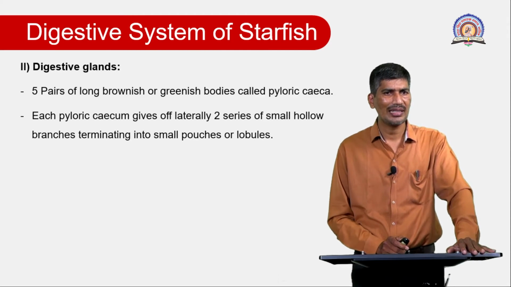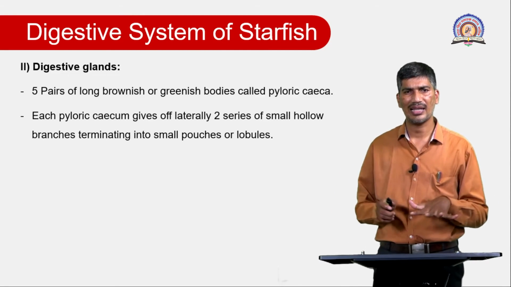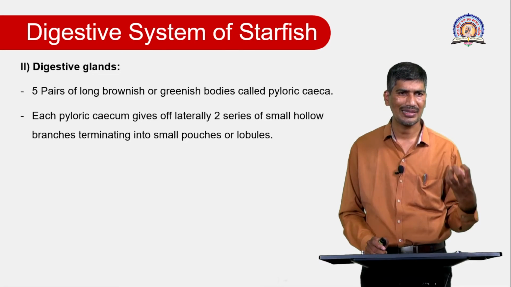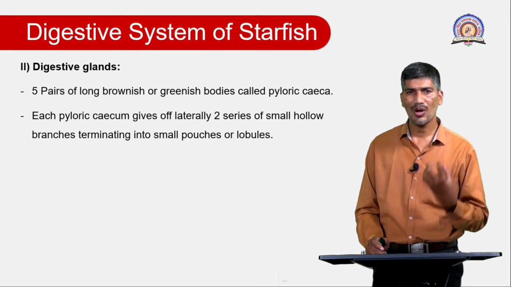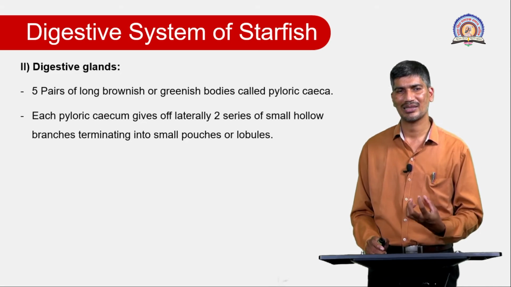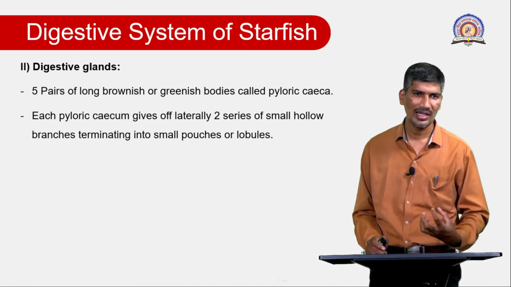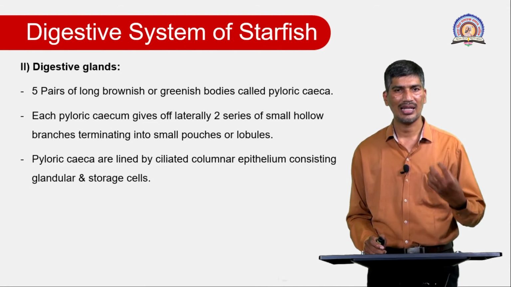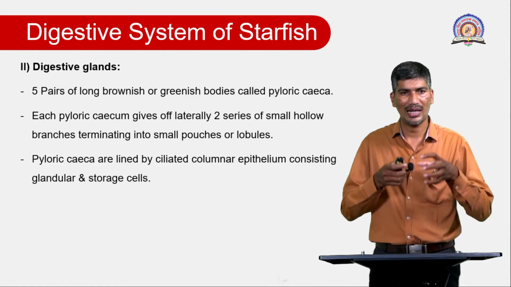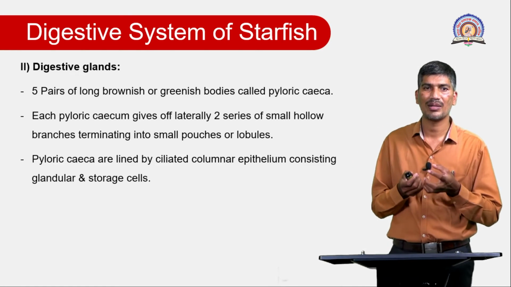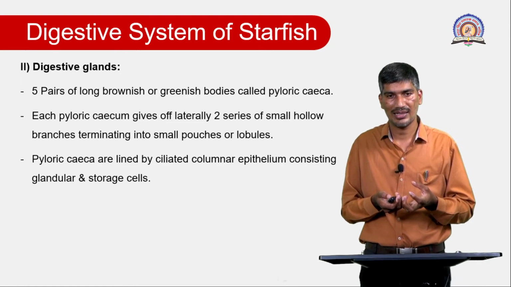Then each pyloric cecum gives rise laterally to a series of hollow branches or mesenteries we can observe, and these small pouches or lobule-like structures are filled with gastric juice. The wall of these lobules has a number of glands.